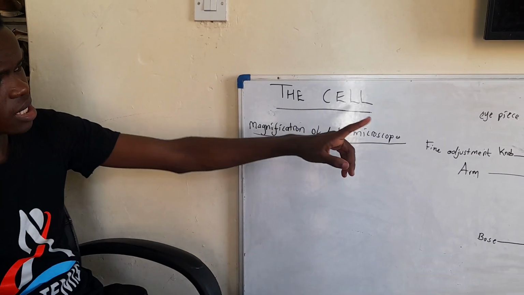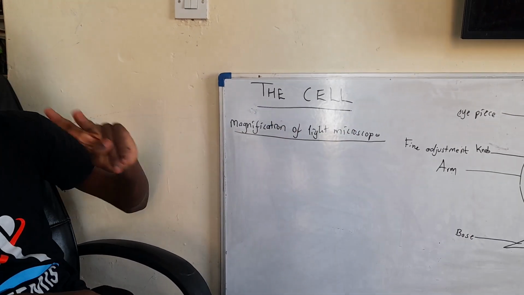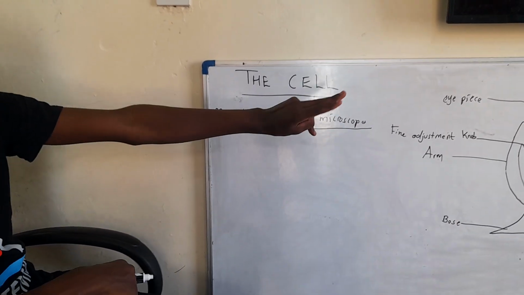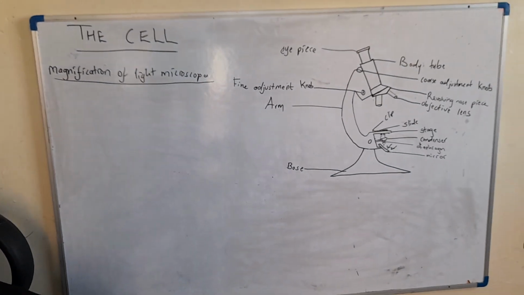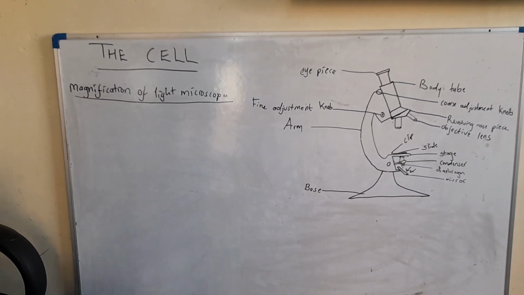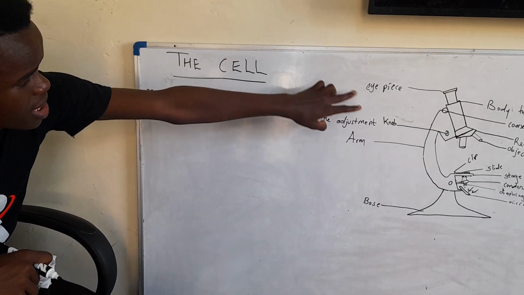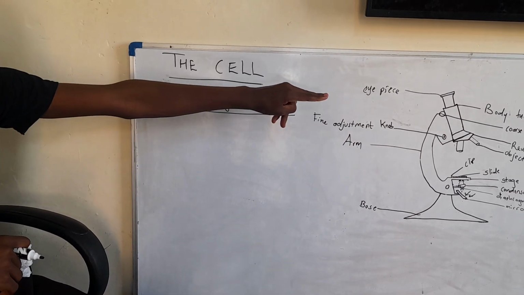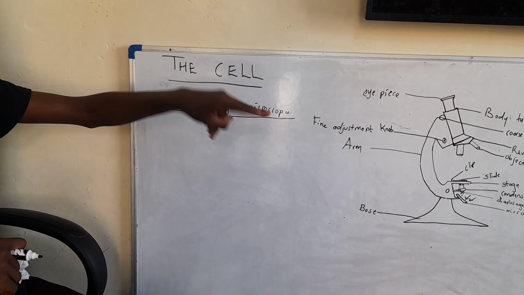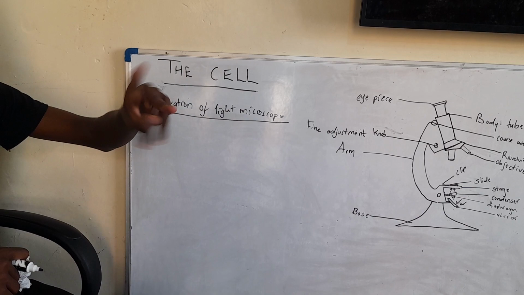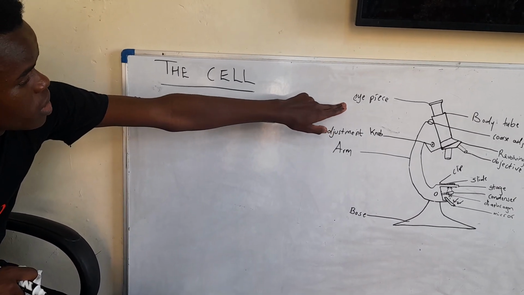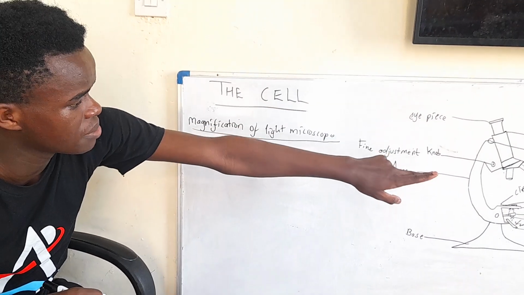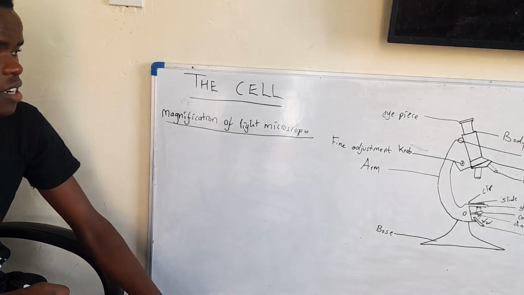Remember I said that a light microscope has two types of lenses, the eyepiece lens and the objective lens. At any moment you'll be using an eyepiece lens and one of the objective lenses. So if you want to get the total magnification of a light microscope, it's going to be the product of the eyepiece lens magnification times the objective lens magnification.